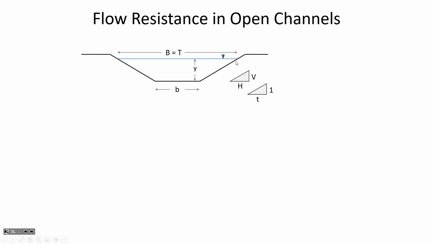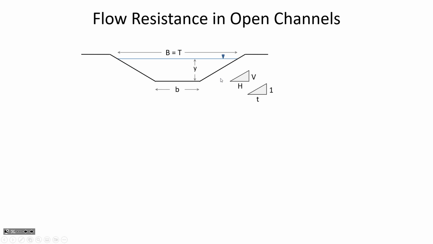And the way that we describe how steep the side slopes are is there'd be some ratio of the vertical to horizontal distance. And the formulas that we use assume that we'll have 1 unit of vertical to t units of horizontal. So if t was 2, what that means is for every unit of depth, you'd have 2 units of length on the side slope.